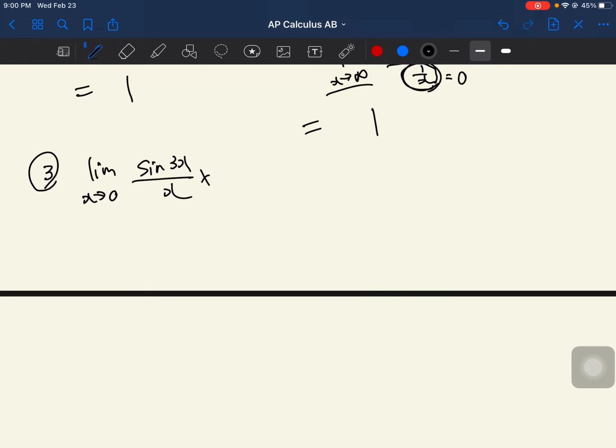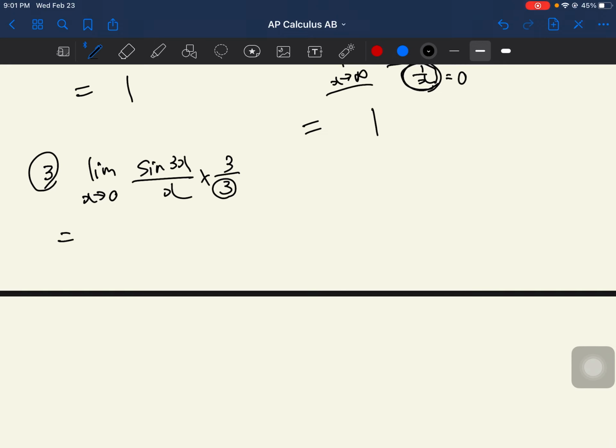What I would do is multiply by 3 for both sides, because technically it's the same meaning as just multiplying by 1. You can just multiply by 1 and the number wouldn't be changed, so no problem. But you cannot multiply like this, because it will change the value. So you have to multiply the same thing for top and the bottom.